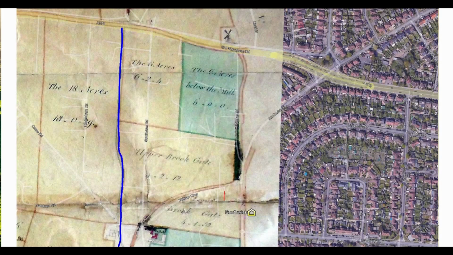Notice the two fields, Upper Brook Gate and Lower Brook Gate, to the east of the brook. Also, the brewhouse field suggests a possible flow of water to the east of the brook towards the villa.